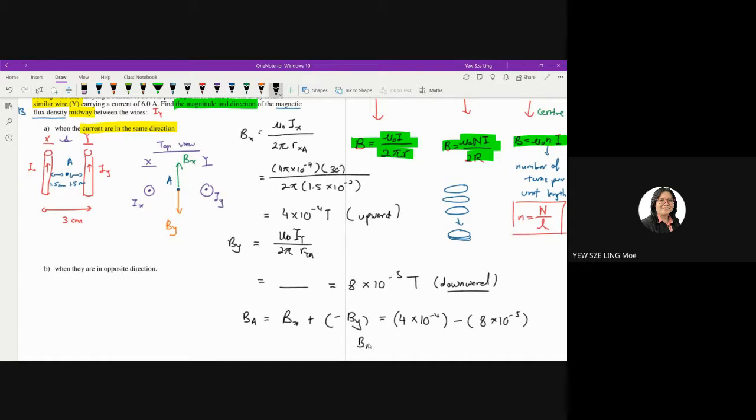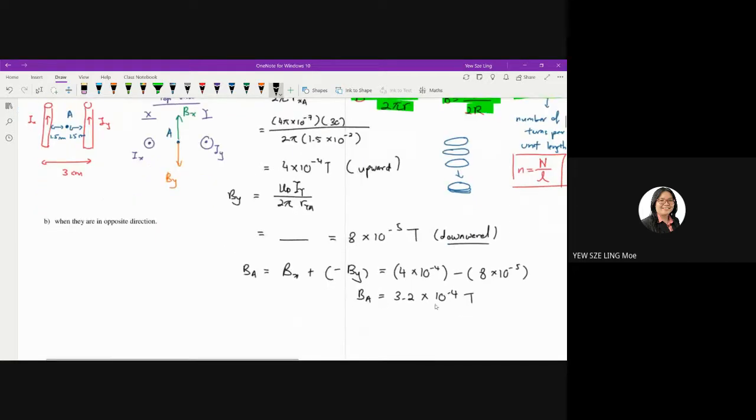So the resultant magnetic field is 3.2 times 10 to the power of negative 4 Tesla. Since you use BX minus BY, upward minus downward, and you obtain a positive value, it shows that BA is going upward.